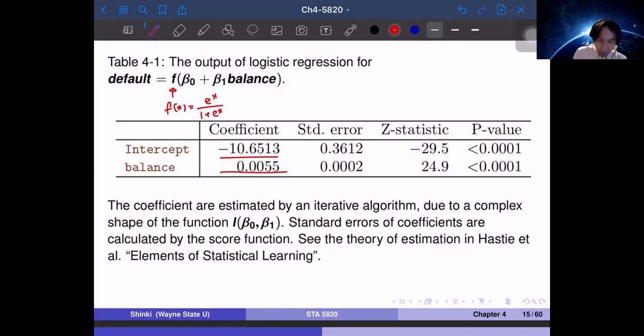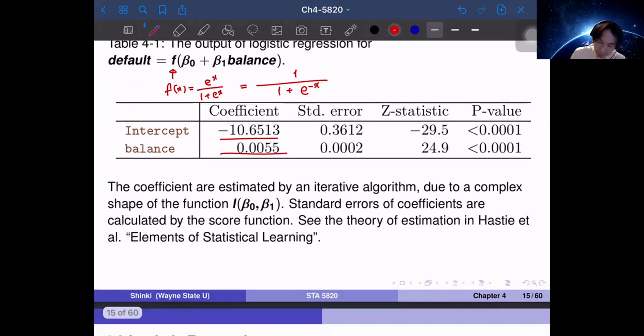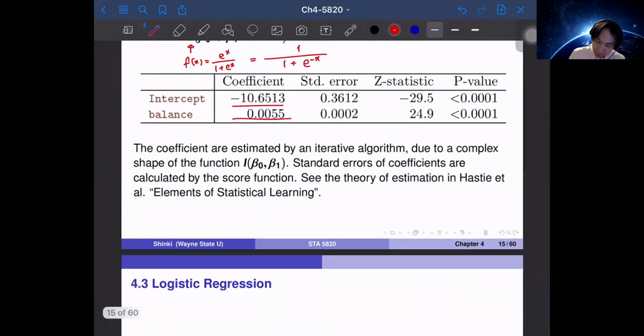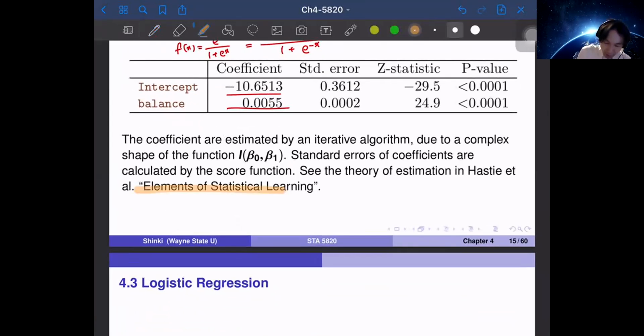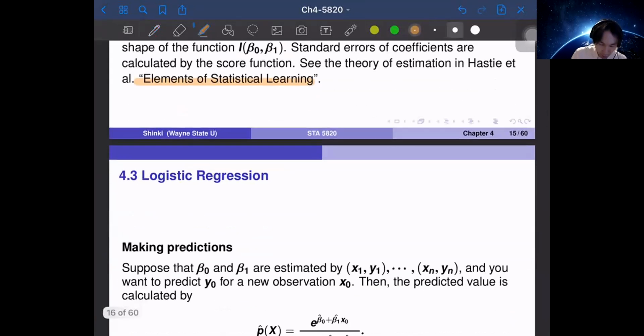If you plug in numbers, then you can calculate the default probability. Sometimes it's simpler to write this as 1 over 1 plus e to the power negative x. Again, this book has more details.